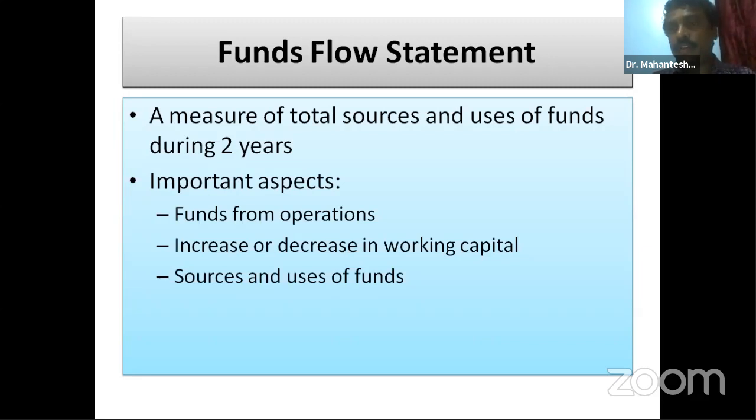Loss on sale of machinery or furniture or any other asset is a non-core item. Similarly, on the income side, gain on sale of shares, gain on sale of machinery, furniture, or any other fixed asset is a non-core item. So all these are jumbled, all these are dumped into the profit and loss account, and net profit is a result of inclusion of all of these items.